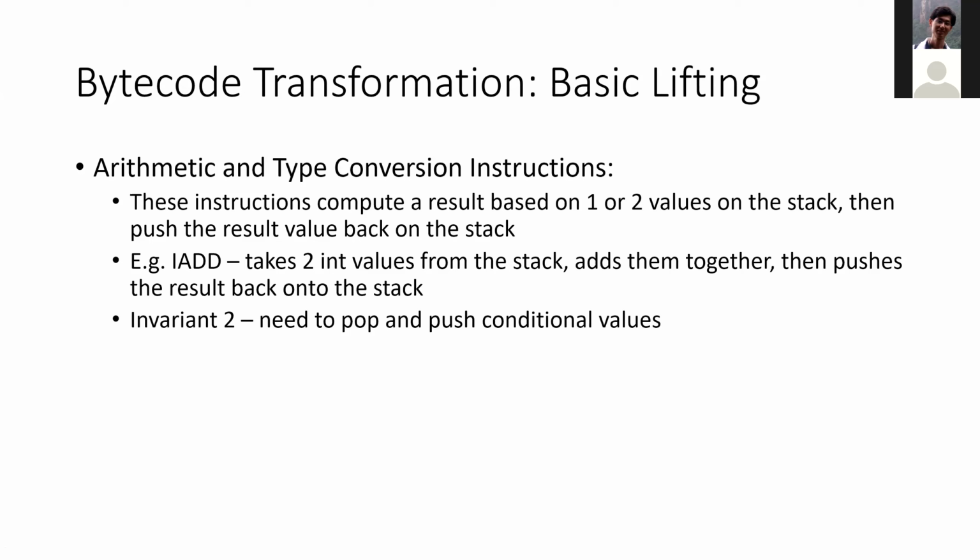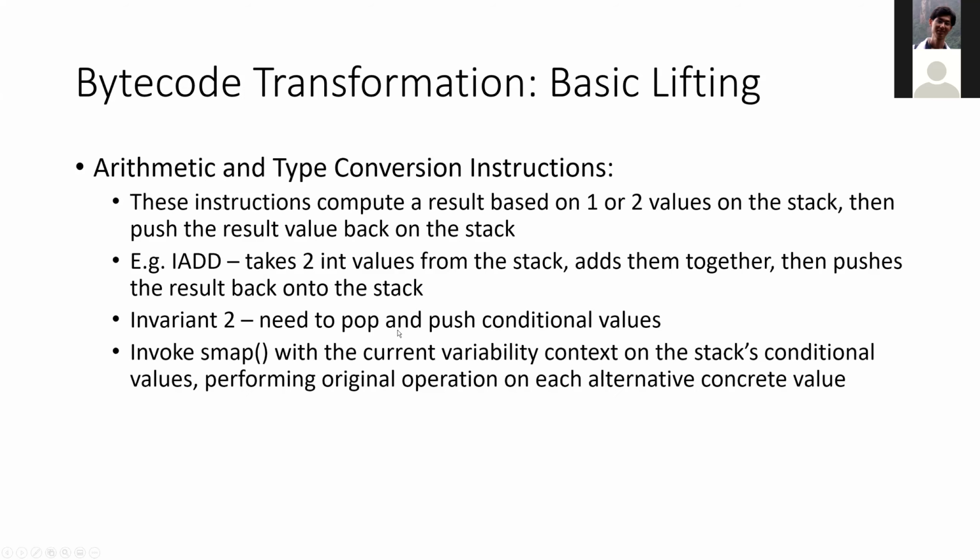So based on invariant 2, where basically all the values on the stack have to be conditional values, they invoke this SMAP function using the current variability context on the stack's conditional values, and then they perform the original operation on each possible value. So basically now, because each value in the stack is a conditional value, they have to make sure they perform the operation on each of these values.